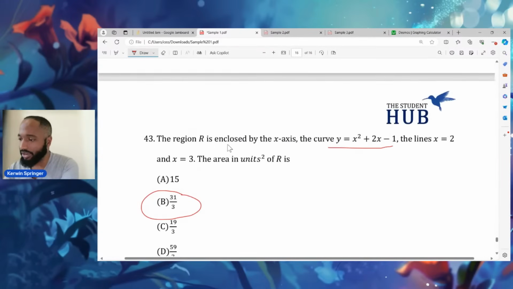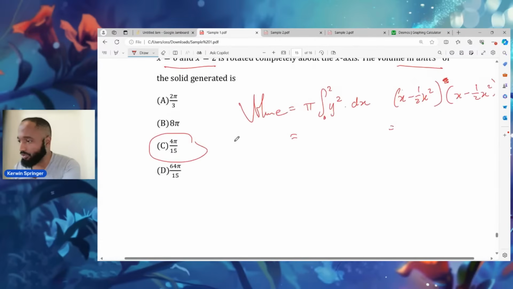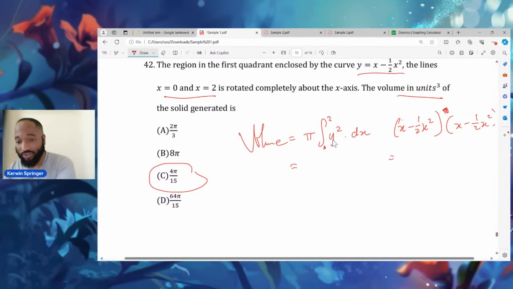This one is area, so you just integrate y between the limits. This one is volume. If it's volume, you have to use this formula. You have to integrate between the limits, but you need to square the function first, then integrate between the limits, and also multiply by pi at the end.